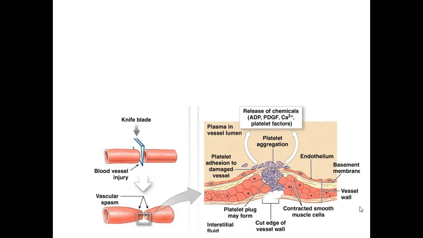But when you compromise the integrity, then structures outside of the blood compartment get exposed to components in the blood compartment, and that sets off a series or a relay of things that happens, one of which is the clotting cascade, right? And some of the other things that happen is that platelets start adhering to that area, okay?